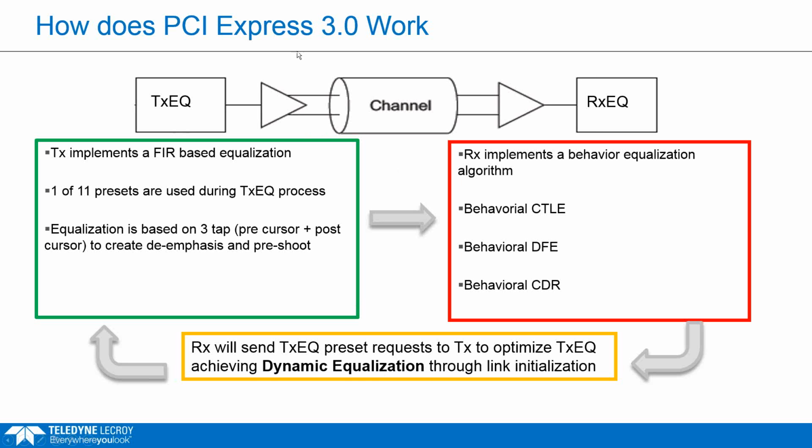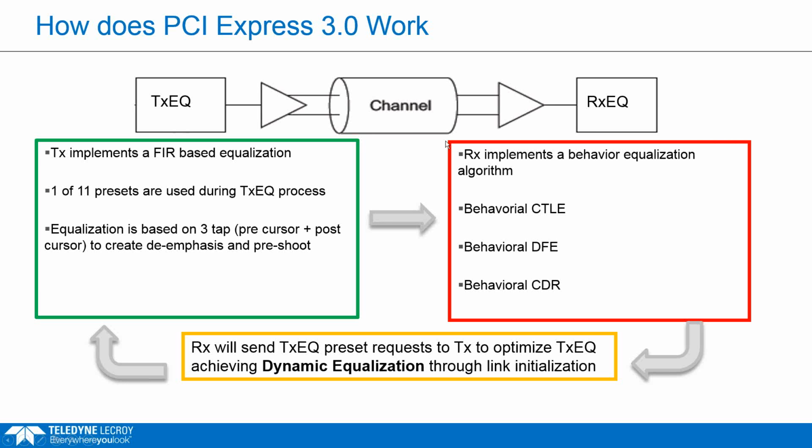And the reason for that is because when we connect a PCI Express add-in card into a system, the designer of each of those pieces is different, and they didn't know ahead of time what products you were going to connect together.